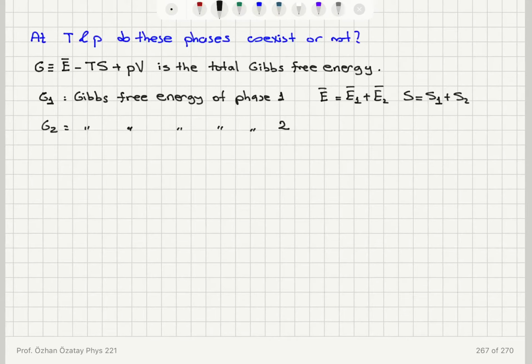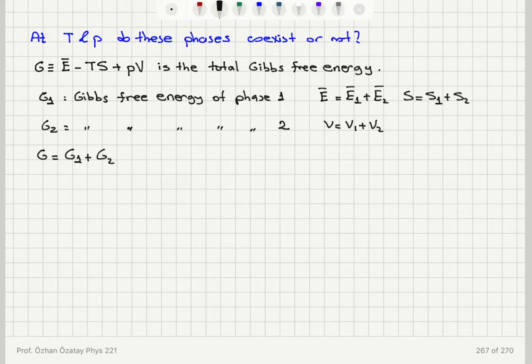If I look at the total volume, it is V1 plus V2. So you can see that the total Gibbs free energy, G, will be the sum of the Gibbs free energies of the first phase and the second phase.